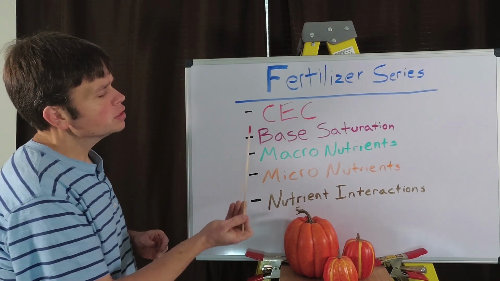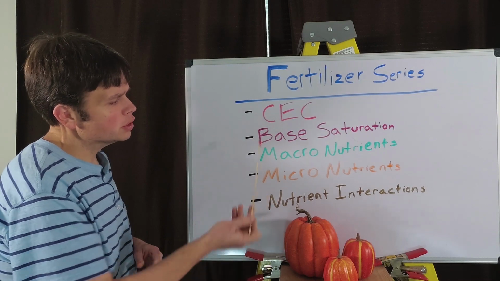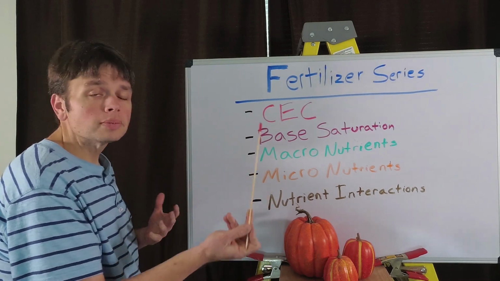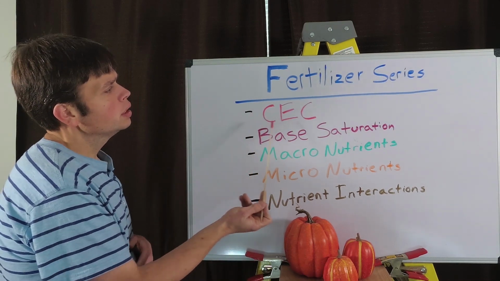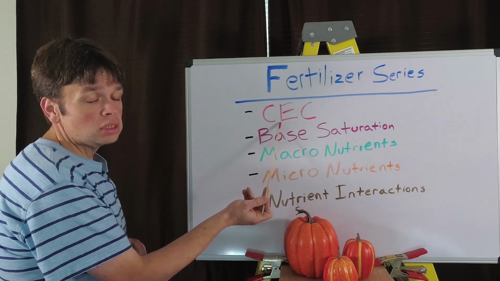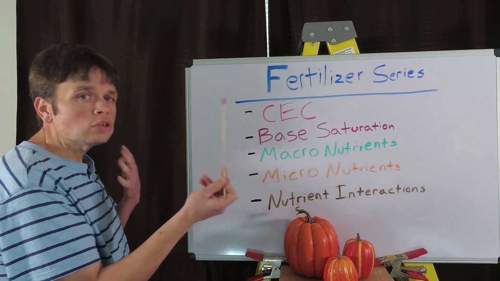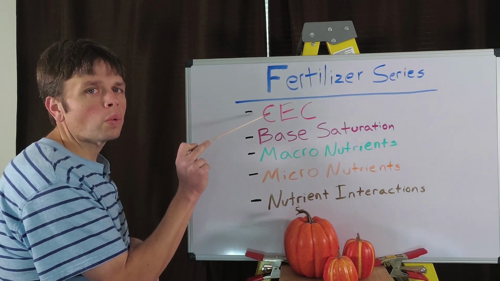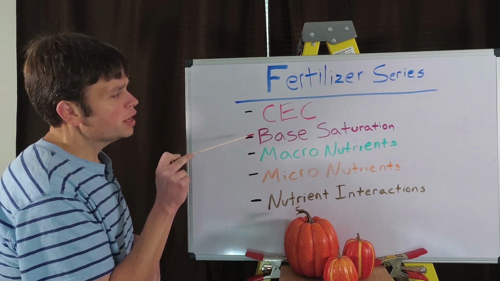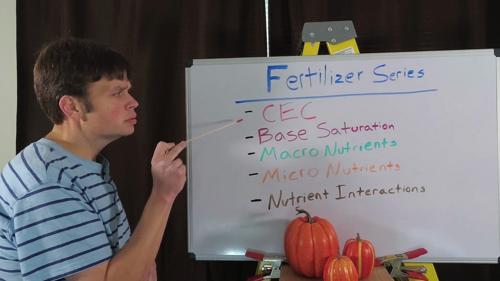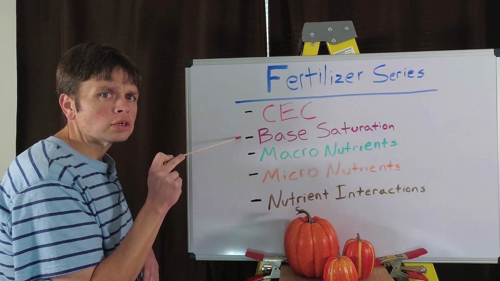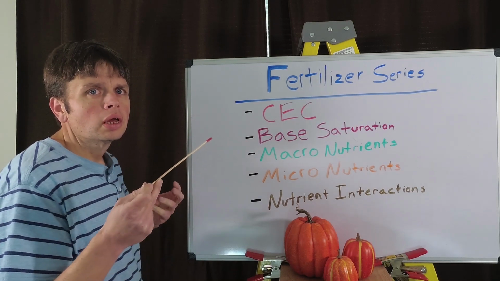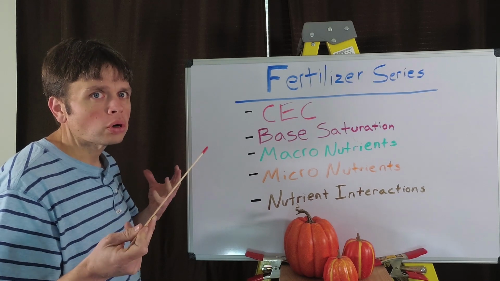These are the broader subjects that I'll be talking about. I'm going to start out with CEC and to get a better understanding of what that is, as well as base saturation. I'm going to cover these two first because I feel that's the most important.